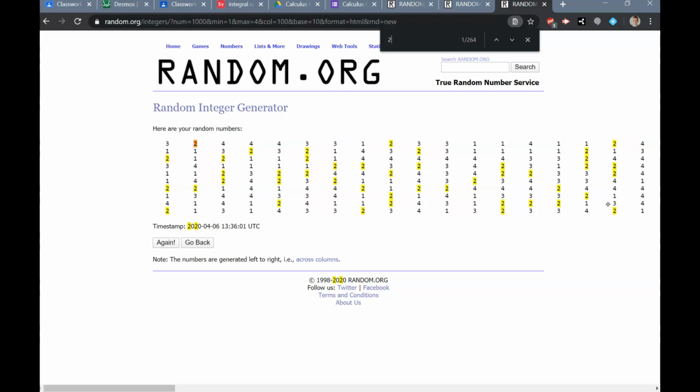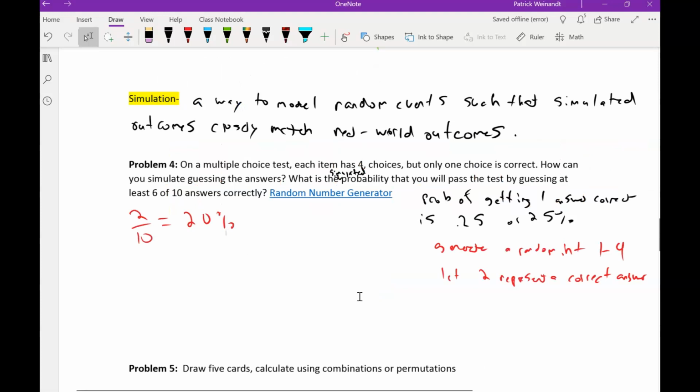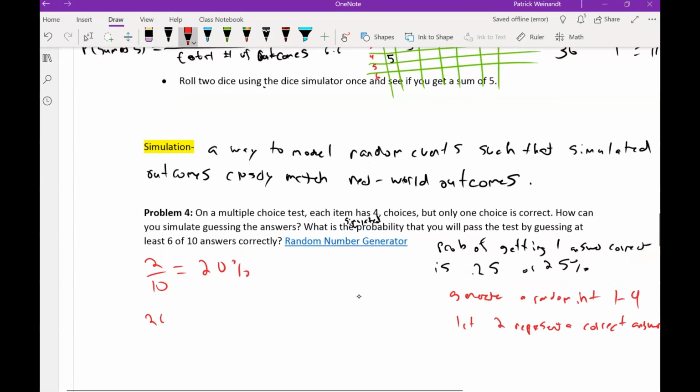So it's 264 minus 4, that's 260 times over 1,000. Divide that by 10, that's the same as 26 over 100, or 26%, which is even closer to 25%.